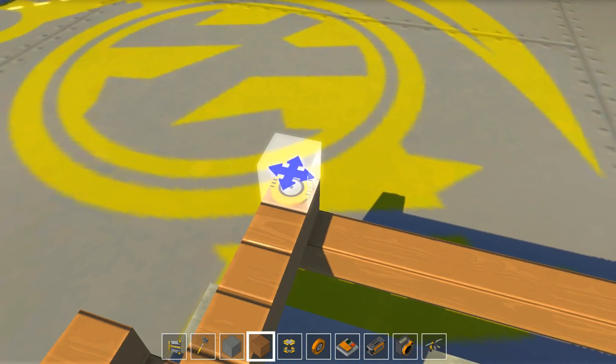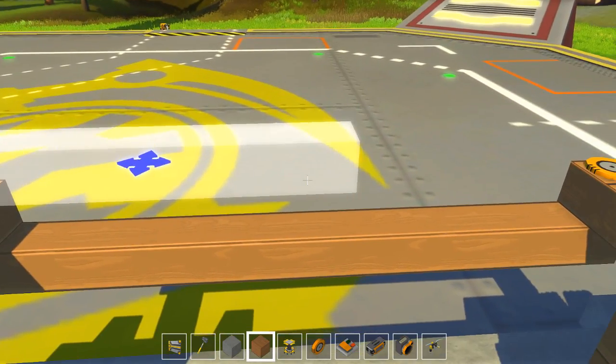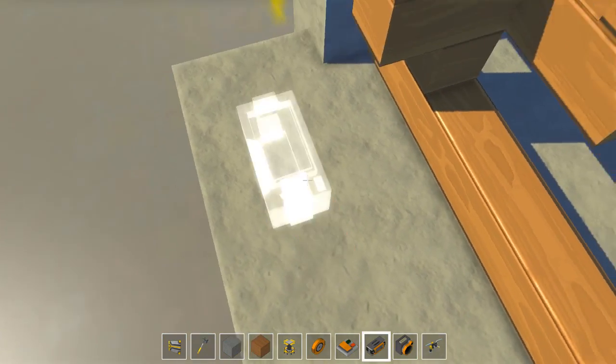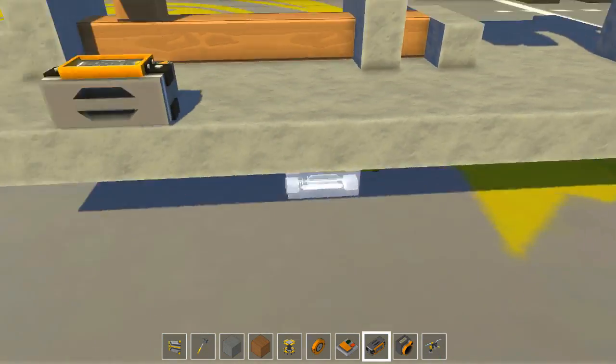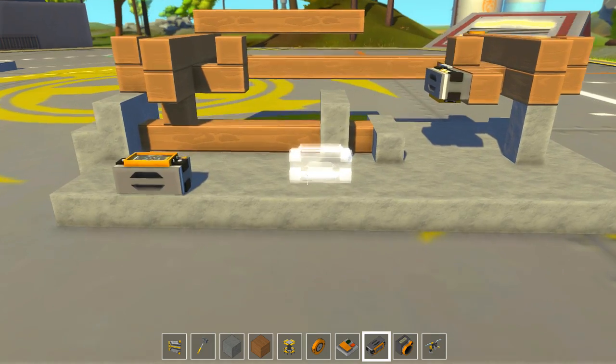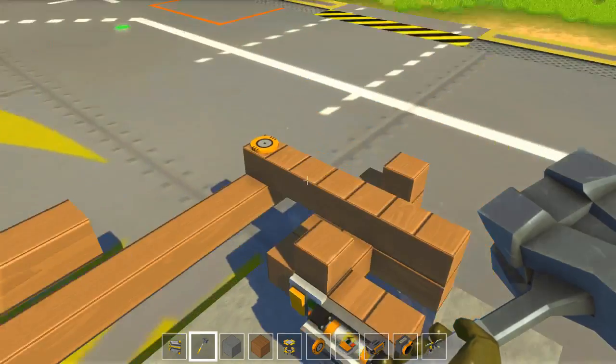We go 2, 3, 4, 5. Yeah. And put that down. I think I have to do this while disconnected. So what we do first is we lock this in place.